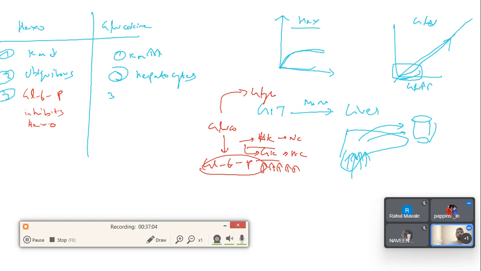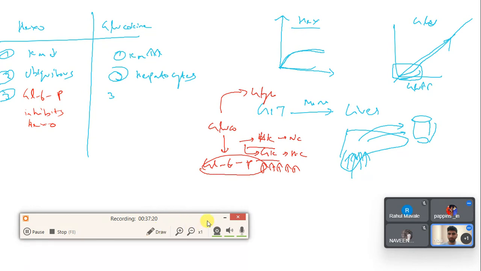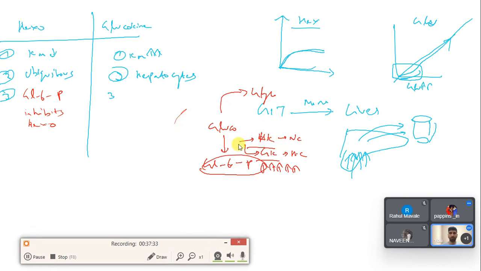As we know, glucokinase is specifically present in hepatocytes, and its function is much more important because there is a higher flooding of glucose. Compared to hexokinase, it is highly regulated.